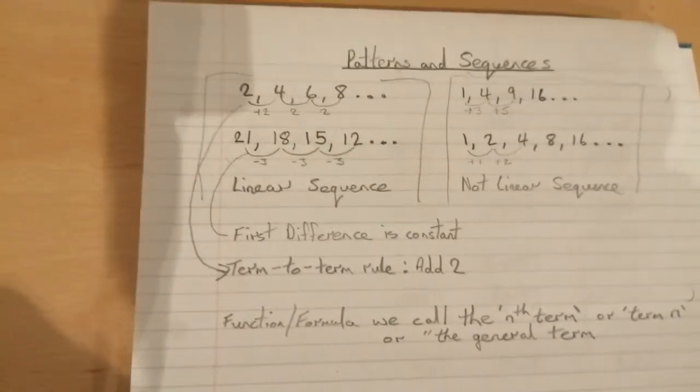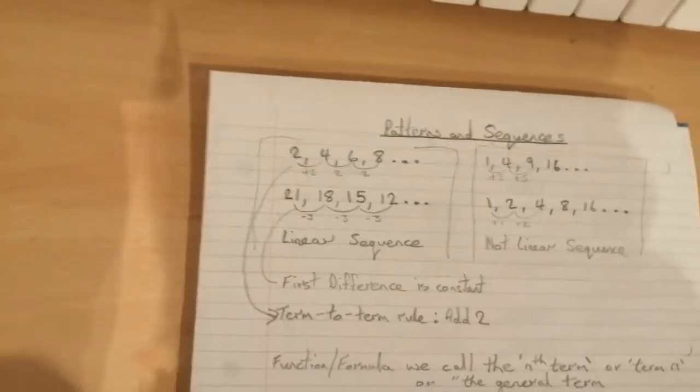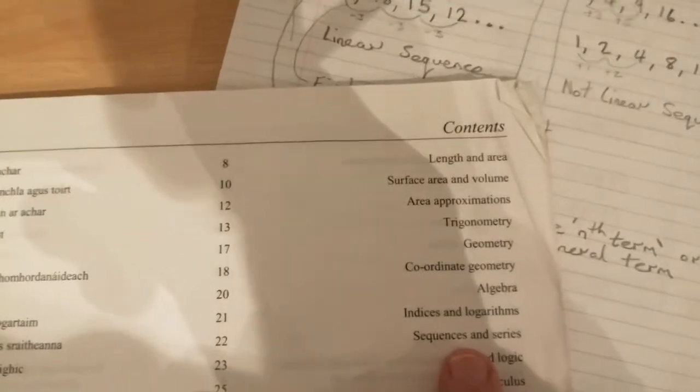Well, the formula is in your log tables, and I'll just get the log tables out myself to show you what page. So the formula is in your log tables, and it would be under this section which says sequences and series, page 22.